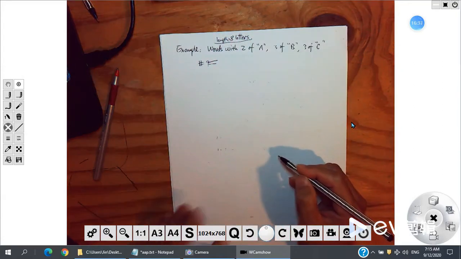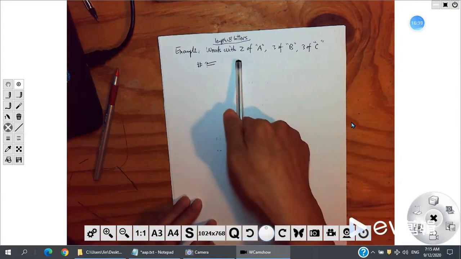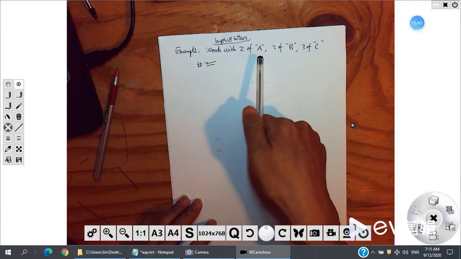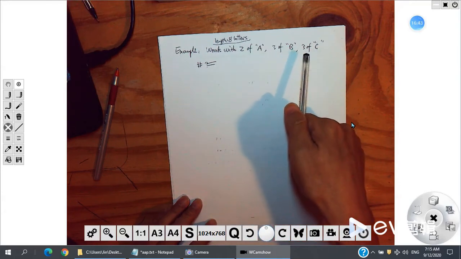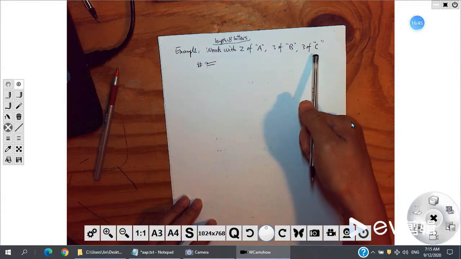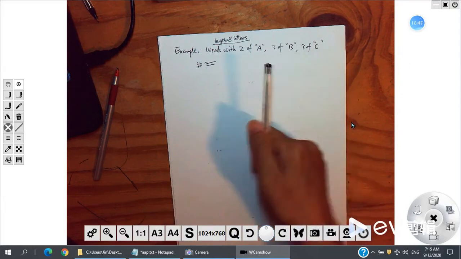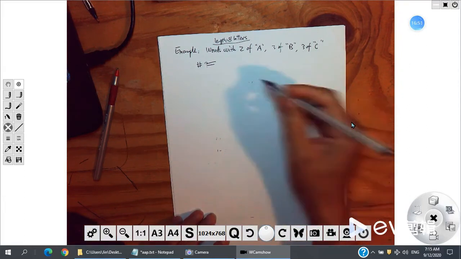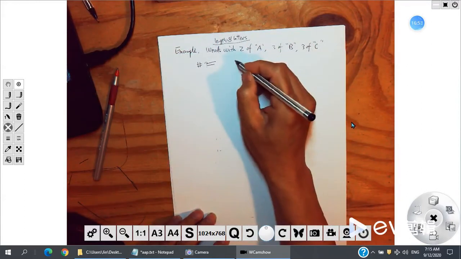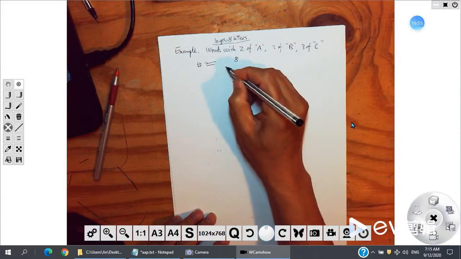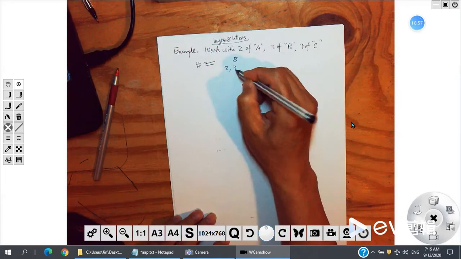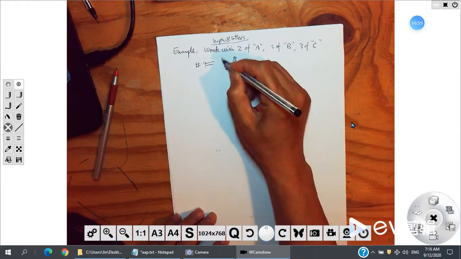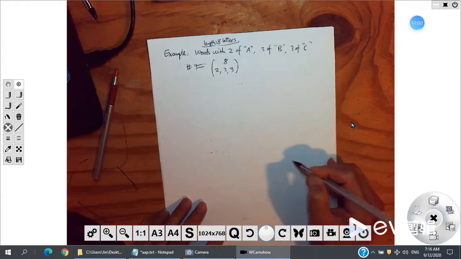A word with 8 letters, 2 are A, 3 letters are B, and another 3 letters are C. Then can you find the total amount of this kind of word? Okay, so we have 8 letters, 2 are A's, 3 are B's, another 3 are C's. We can find the value.